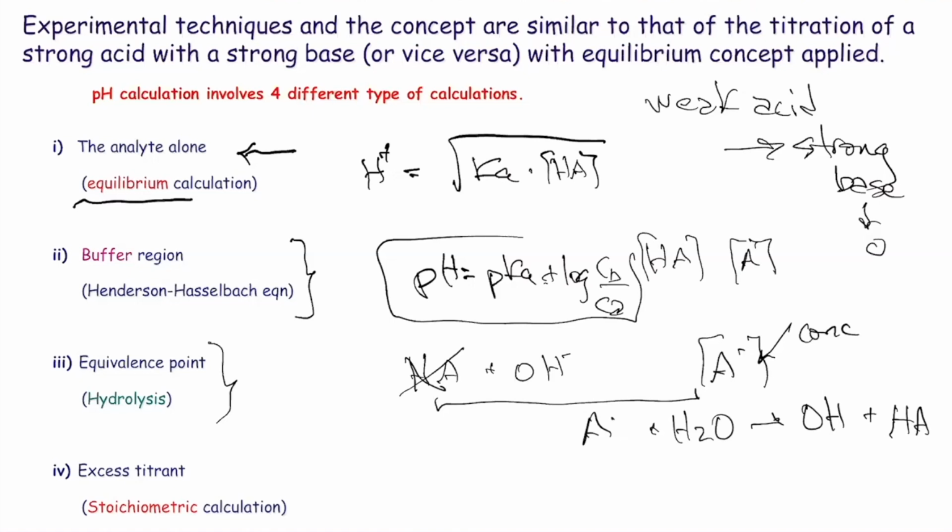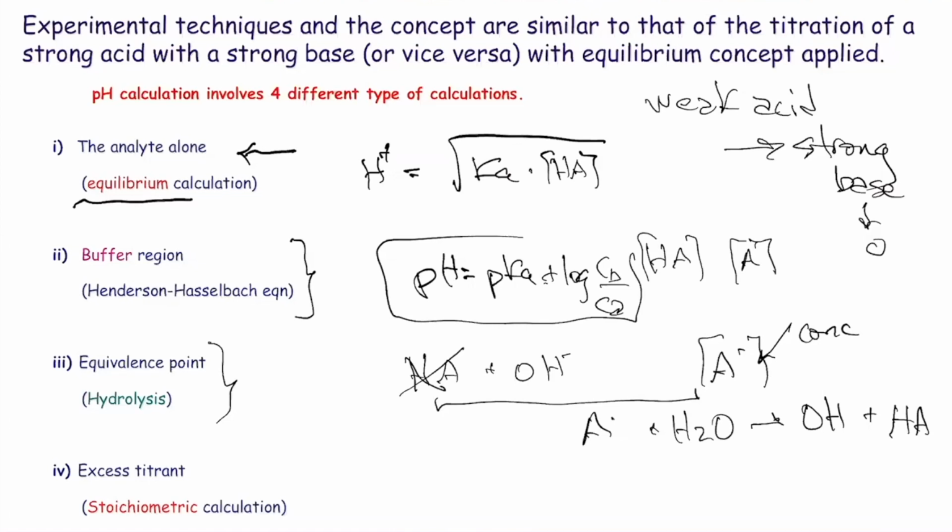Hydrolysis. Remember I talked to you about hydrolysis last time? It says it's reacting with water. When you neutralize all the acid and it converts over to its conjugate, that conjugate is the only thing left. But in our thought experiment, that now reacts with water through hydrolysis. It's not a buffer. Make sure you know it's not a buffer.